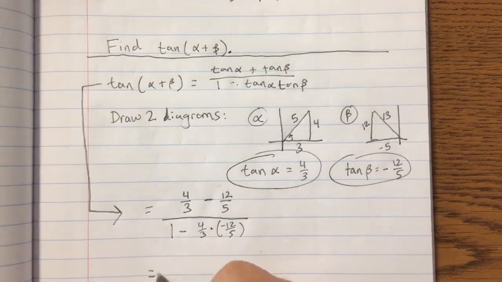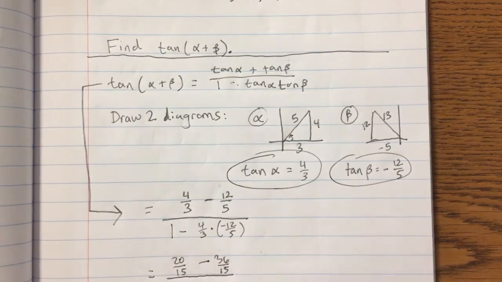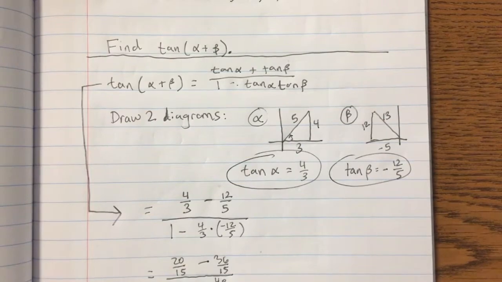So this will be 20/15 minus 36/15. And the only thing I'm going to do on the denominator for my first step is multiply these together. 4 times negative 12, 3 times 5, and I'll get 1 minus, or no, actually it's going to be plus because it's a negative times a negative, so plus 48/15. Now, what would be a smart way to rewrite the 1 here?